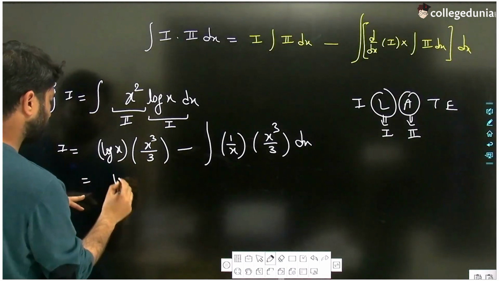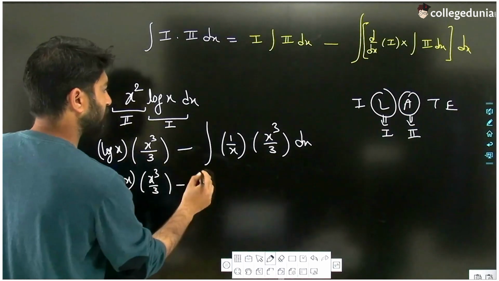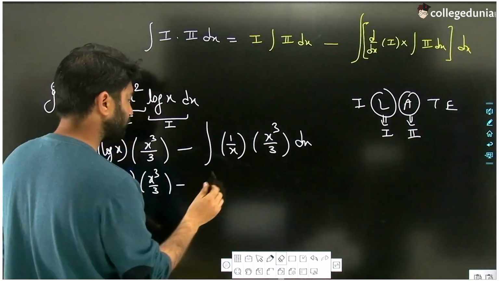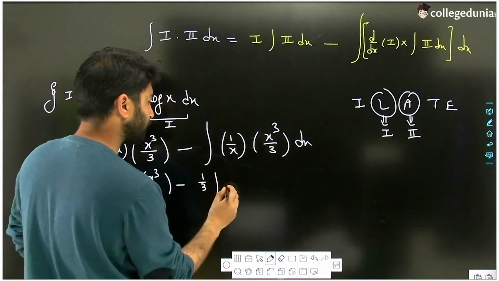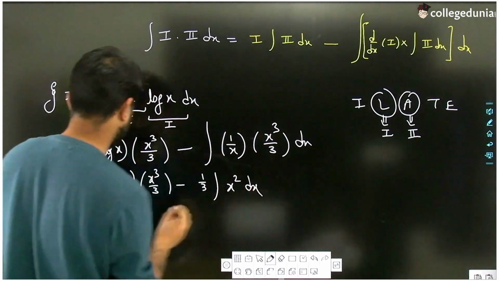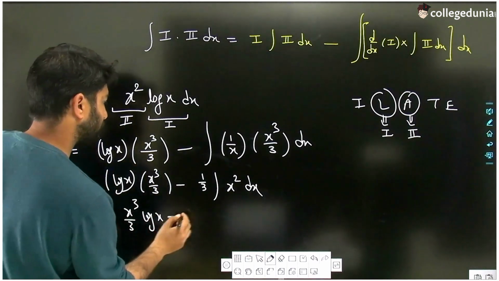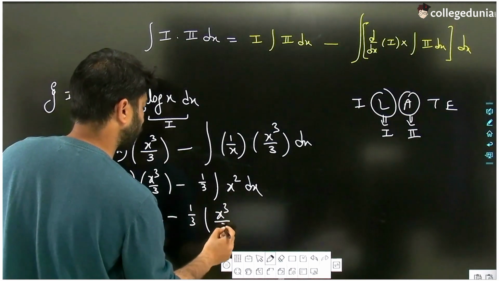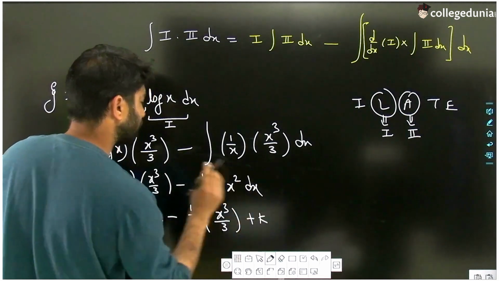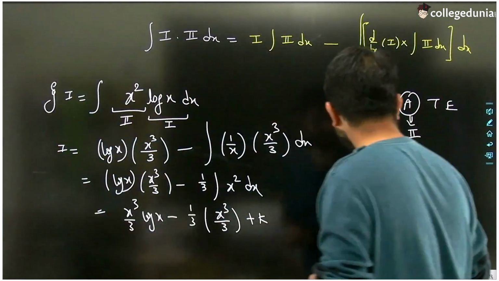Now you can see this 3 is a constant term, so we will take it outside the integration. Now x cube by x will be x square, and so we get x cube by 3 into log x minus the integration of x square, which is x cube upon 3 plus k. So guys, this is the answer. Okay, let's take another example.